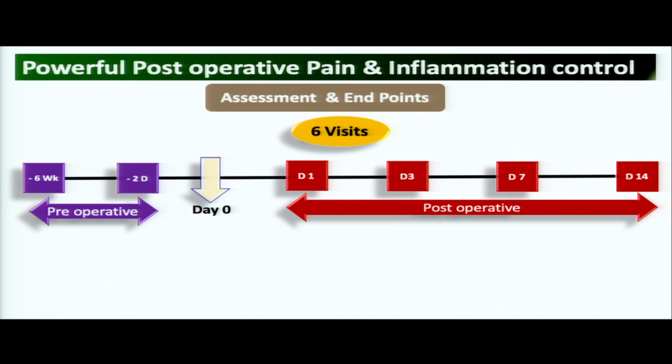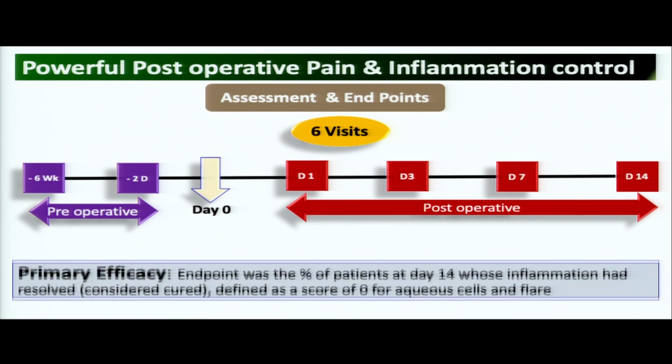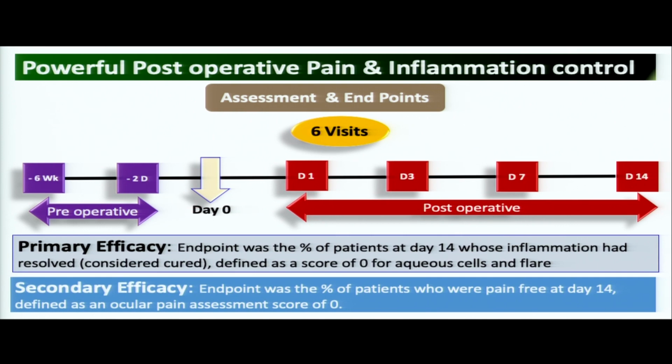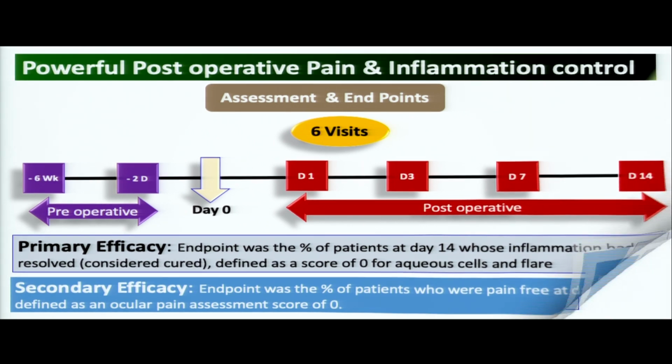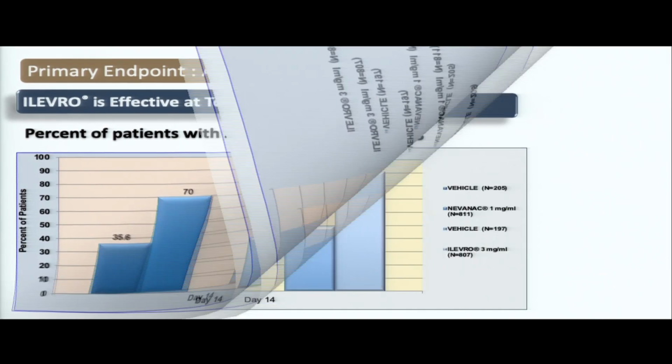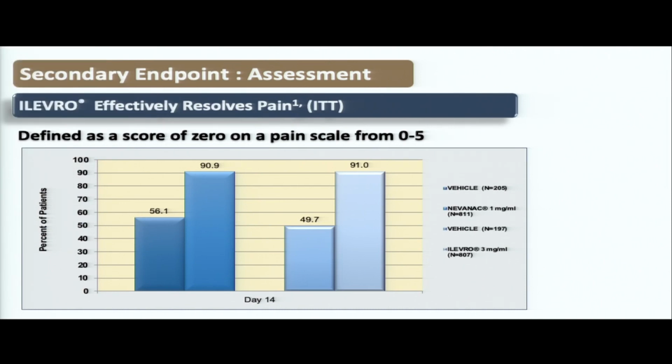They have assessed the pain, inflammation, and control, all these things. Then the efficacy: the primary efficacy is the inflammation and also the pain score. They have 0 cells and 0 flare at 14 days compared to 0.1%, and the pain score is also less.